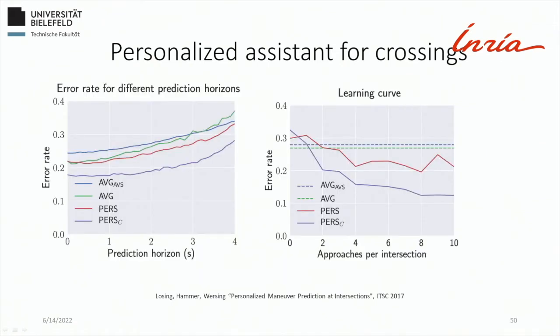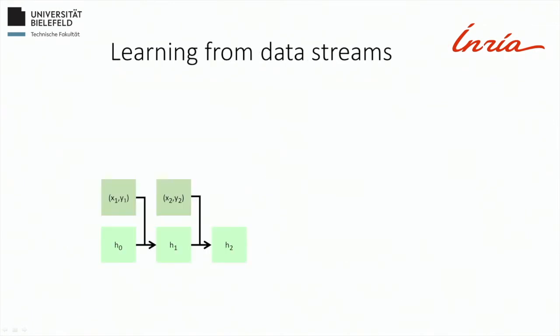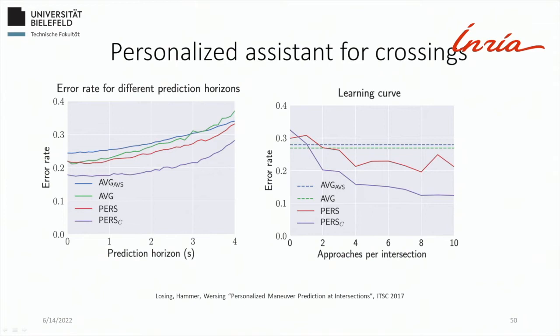The interesting thing is that, of course, you are better as concerns accuracy if you are closer to the crossing. So if you're 4 seconds before the crossing, you have twice as much error as if you are 1 second to the crossing.